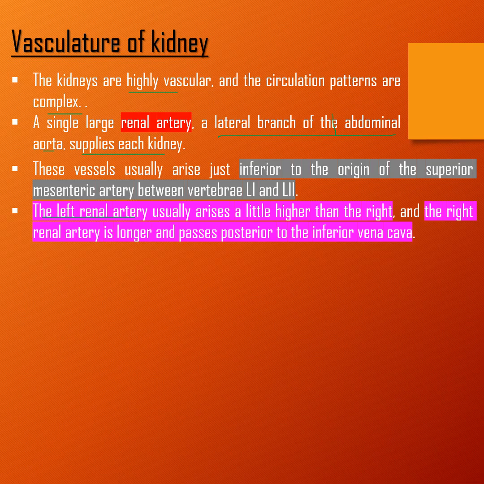The right renal artery is longer and passes posterior to the inferior vena cava. The right renal artery is longer than the left renal artery just because the aorta is nearer to the left kidney, and it passes posterior to the inferior vena cava because the aorta is posterior to the inferior vena cava.